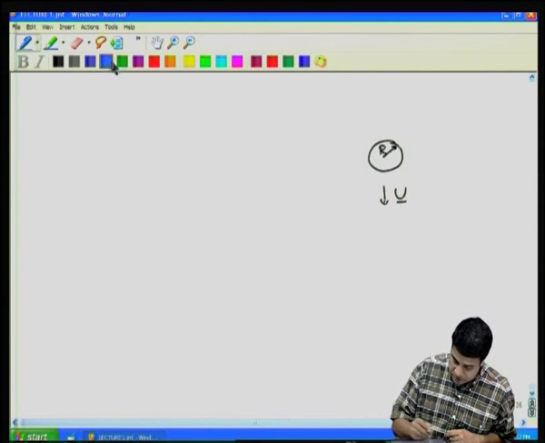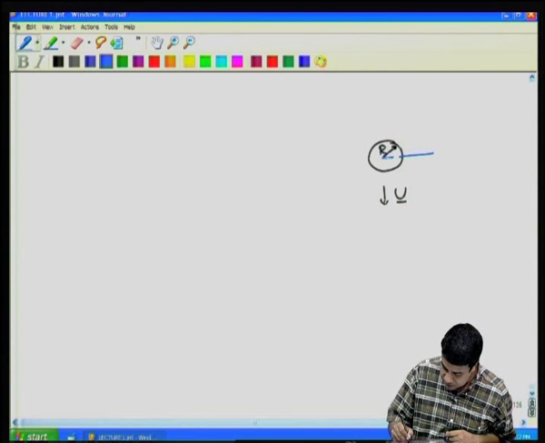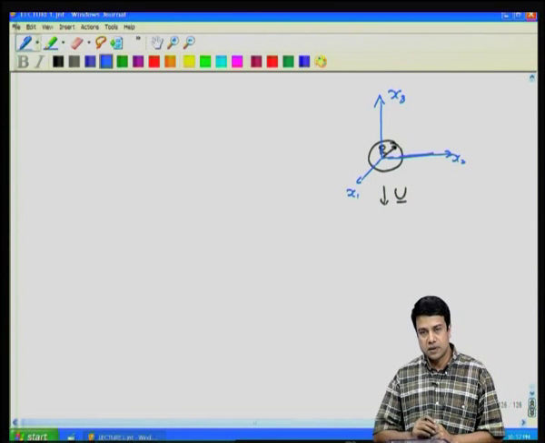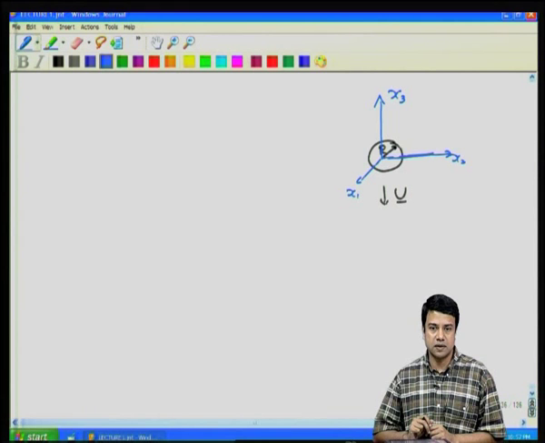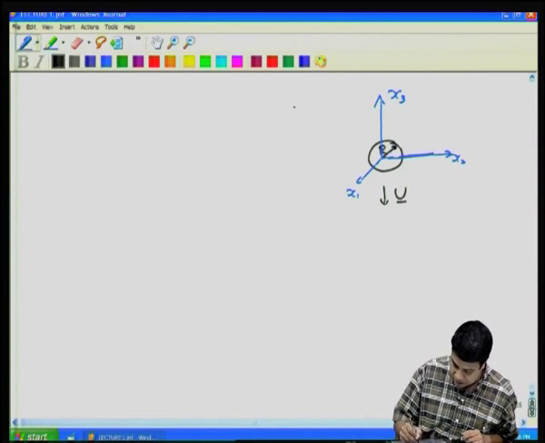So, let us choose a coordinate system which is centered at the center of the sphere. And as I told you, we shall solve this in vector notation without reference to the underlying coordinate system. So, I have to solve the Stokes equations for this case.